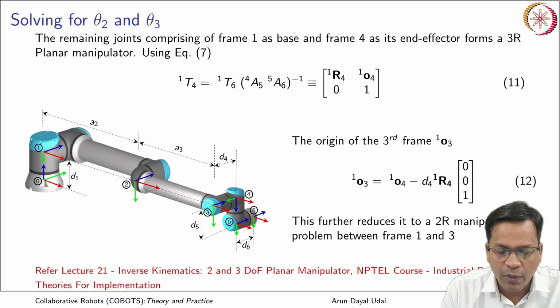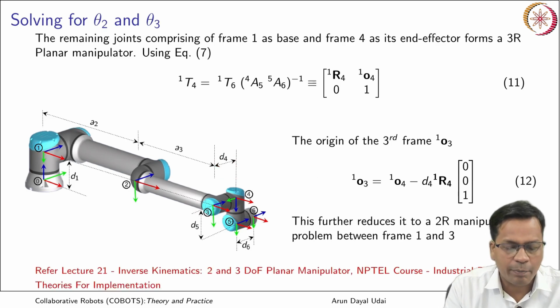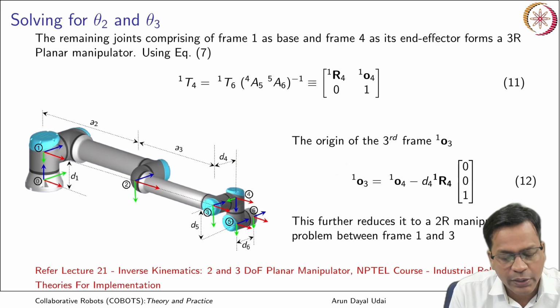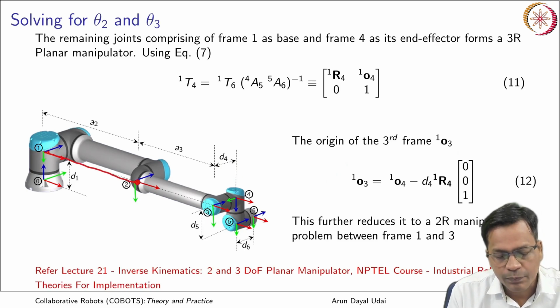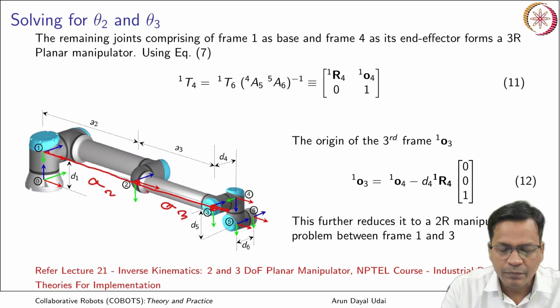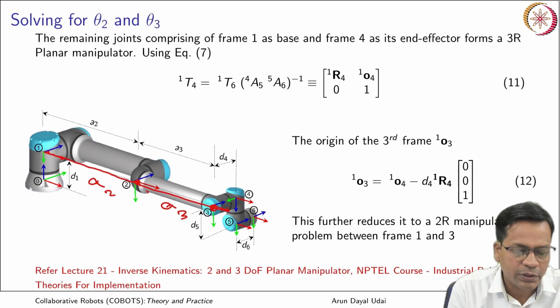Now this further reduces it to a 2R manipulator. If you look carefully, from 1 to 3, this is the first link, this is the second link, that ends here, with link lengths A2 and A3. So it is a 2-link problem. It's a planar manipulator in the first frame.